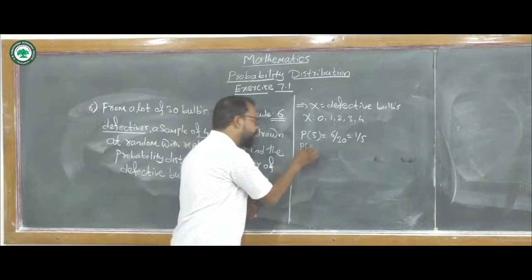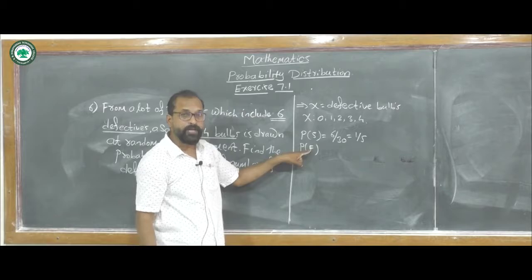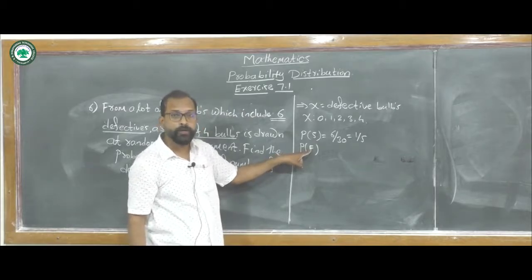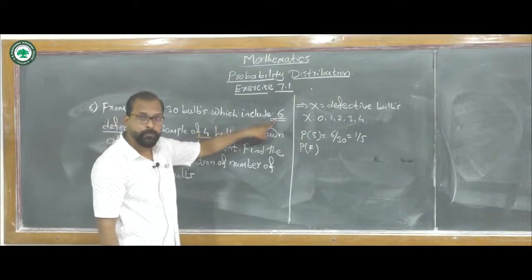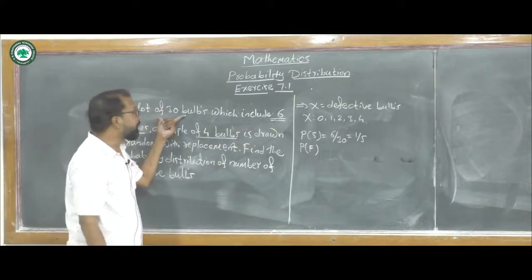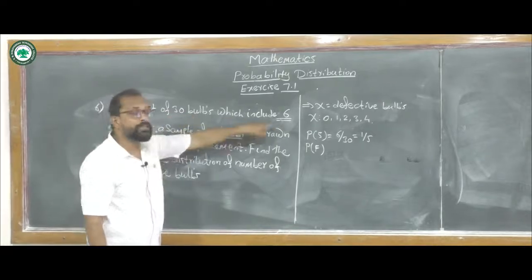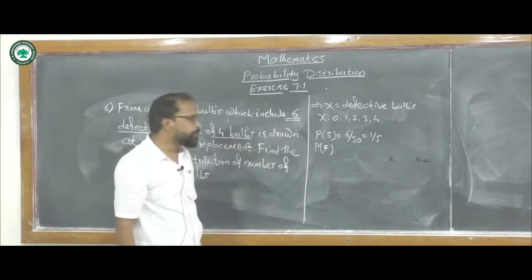And if we define not selecting the defective bulbs, that is the probability of failure. Now non-defective bulbs, since 6 bulbs are defective out of 30 bulbs, so there are 30 minus 6, that is 24 non-defective bulbs.